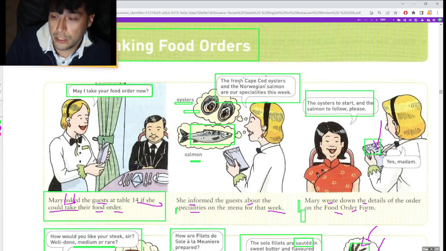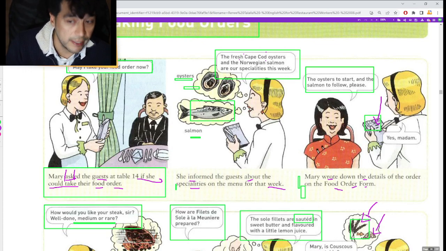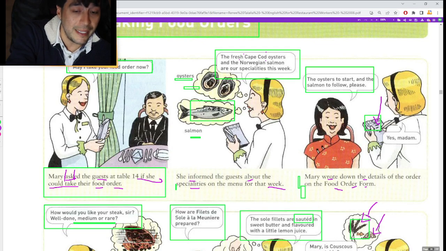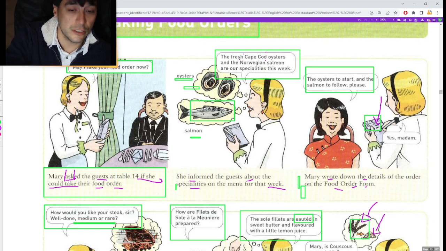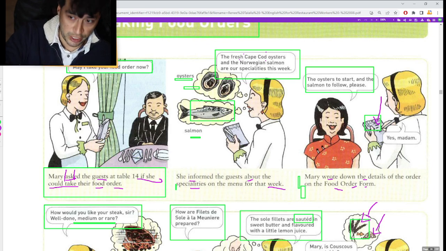So that's the example, and we need to organize all the phrases, taking food orders. Now, let's check the different skills that Mary is doing in each picture while she takes the food order.